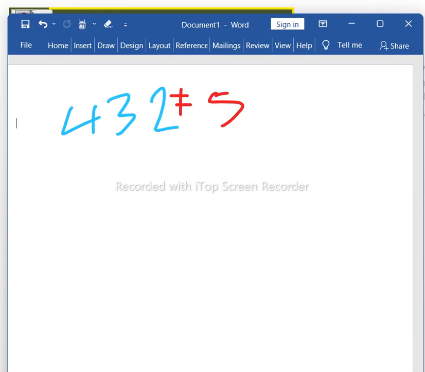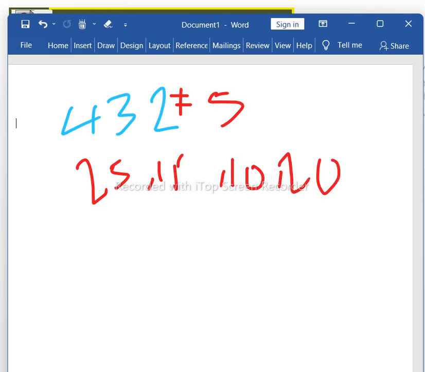If the number is divisible by 5... We can take 25, 15, 10, 20, 3500.